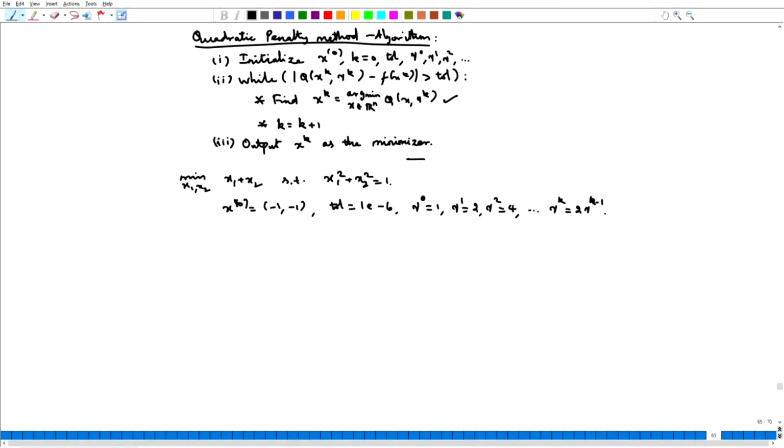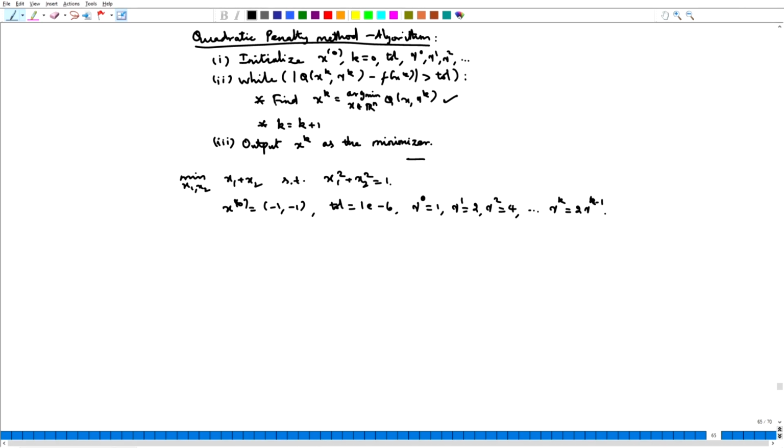Looking at the algorithm here, you can see from the implementation that we did in Python that the method has both an inner loop and an outer loop. Whatever I have written here is just the outer loop.